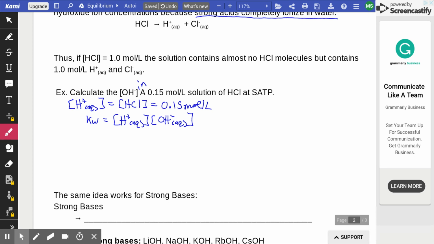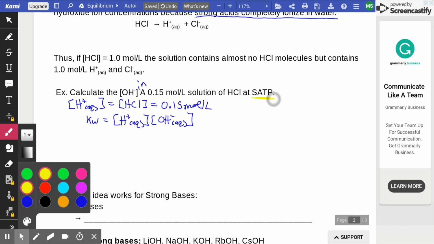And because it's at standard atomic temperature and pressure, we know that Kw equals 1.0 times 10 to the negative 14. So we can rearrange our formula, actually rearranging for the hydroxide ion, and it looks like this. We'll continue this in part B of this video lesson.